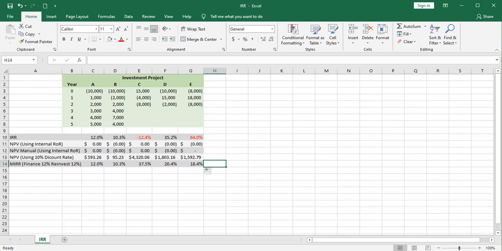What the logic inside modified IRR is doing in Excel is basically going to the list of cash flows. In this case, we only have 3. And it's going to discount this one to what it would be in this year, then combine those two values and keep repeating that process until there's only one change in sign.